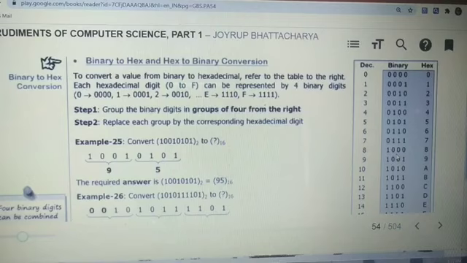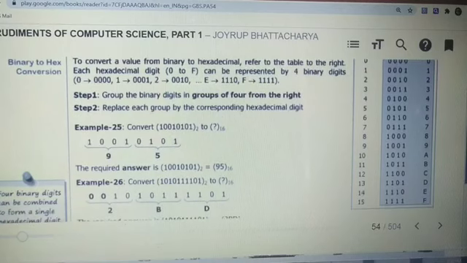So 0 is 0000, 1 is 0001, 2 is 0010, 3 is 0011, 4 is 0100, 5 is 0101, 6 is 0110, 7 is 0111, 8 is 1000, 9 is 1001, 10 is 1010, 11 is 1011, 12 is 1100, 13 is 1101, 14 is 1110, and 15 is 1111.